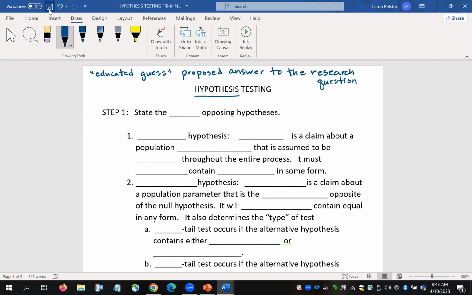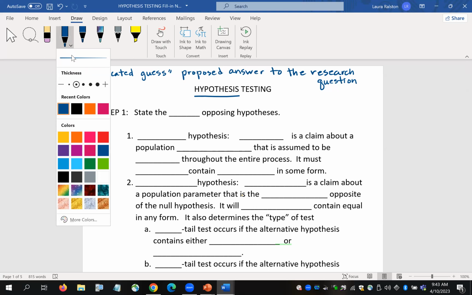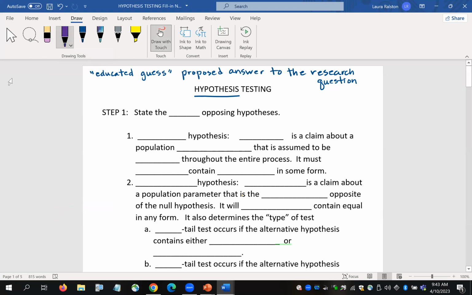So we're going to begin, and the first step in the hypothesis testing process is to state the two opposing hypotheses. You technically always have two hypotheses. You kind of have a good one and a bad one, the pro and the con. Okay.